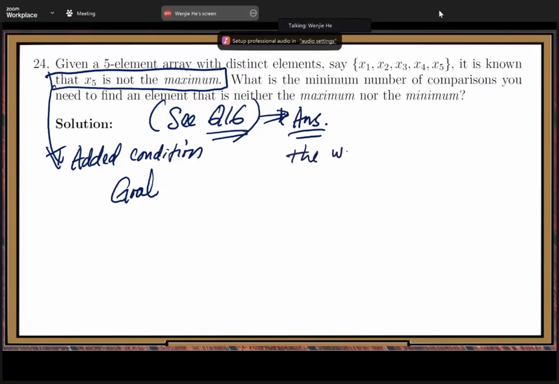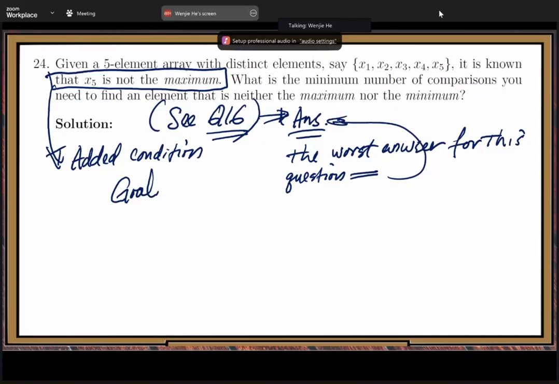The worst answer for this question is this one, because that answer didn't use the given condition.